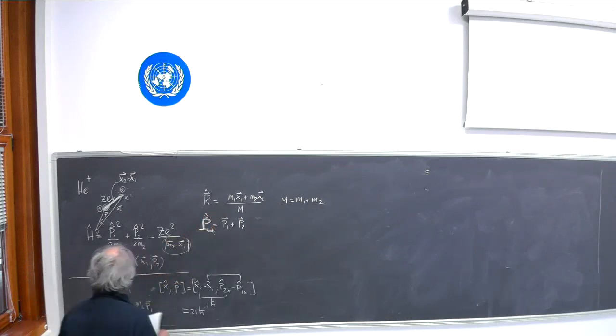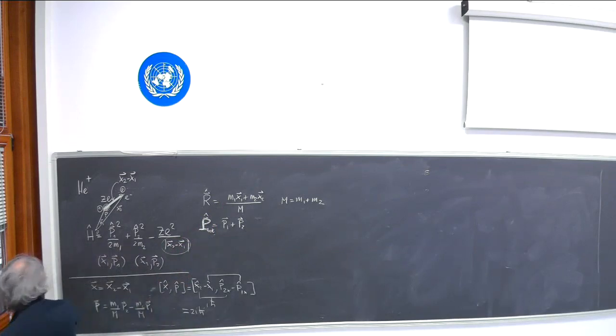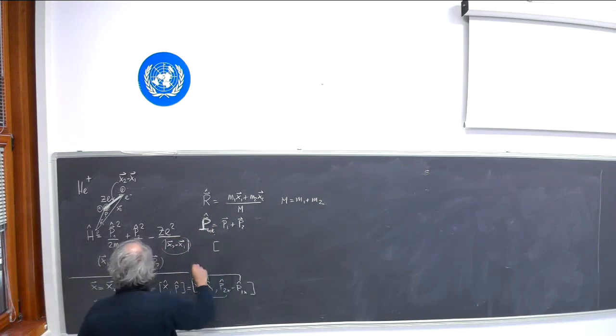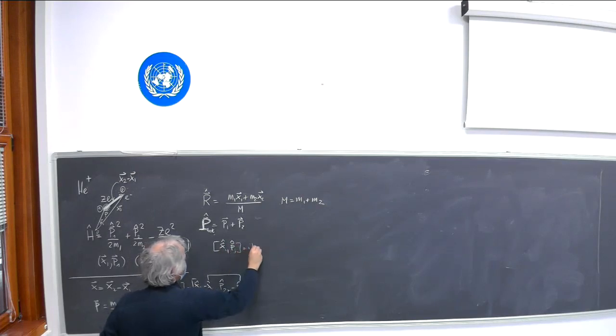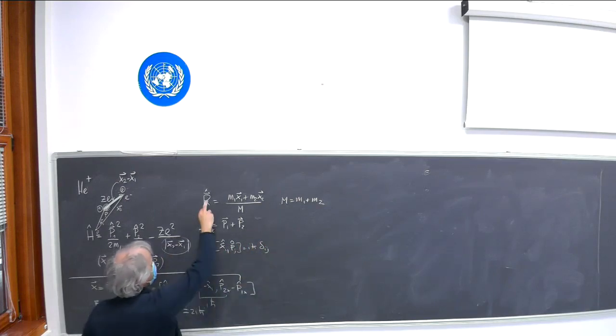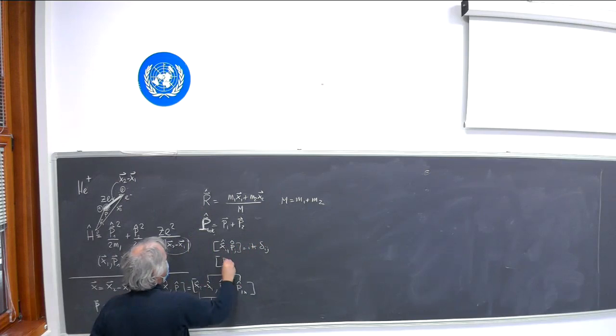So I want to impose that the commutator of, say, x and p, any component, is equal to i h bar delta ij. And I also want to impose that big R and small p commute.